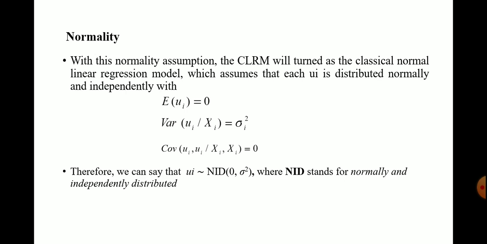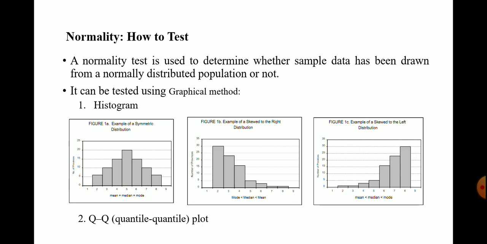But here the mean is 0 and the variance is small sigma square. So we can say that the error term is normally and independently distributed, it is usually called NID, with a mean 0 and a variance small sigma square. Okay, so this is about the normality here.